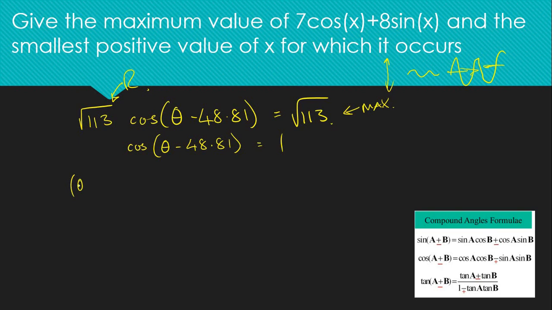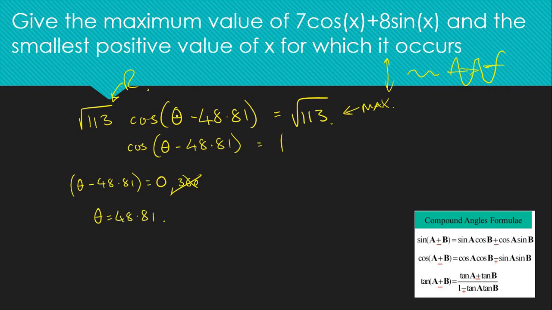So you get theta minus 48.81 equals 0. If you really wanted it, the next one along is obviously 360, etc, but you're not going to need it. Okay, and the other one, negative 360, again, you're not going to need it. You're going to want this one. Add on 48.81 and you'll get theta equals 48.81.